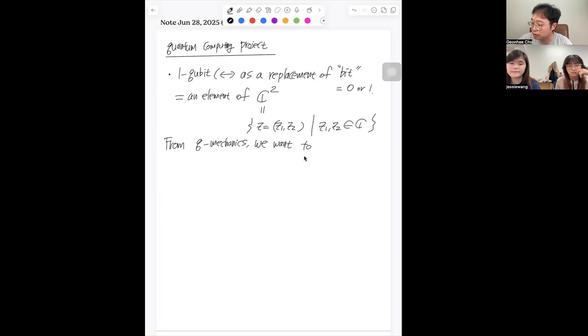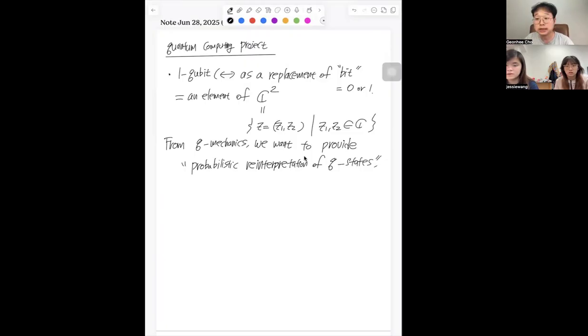We want to provide a probabilistic reinterpretation of so-called quantum states. So this is just the axiomatic part. For our project, let's simply accept this as a part of the mathematical modeling, so that for the one qubit, we will just require the norm of z equals one.